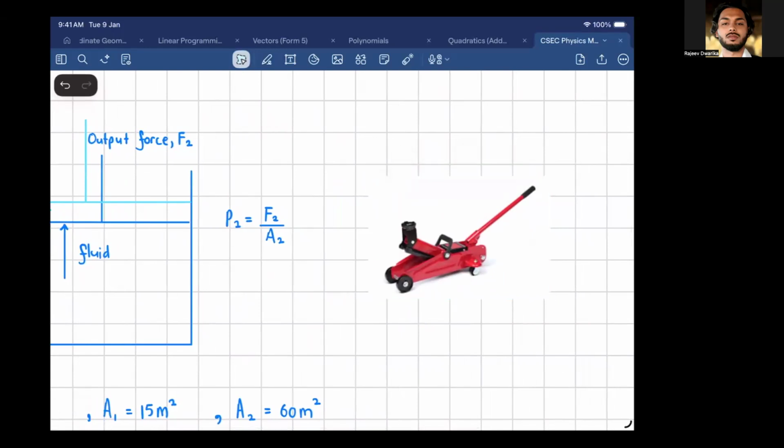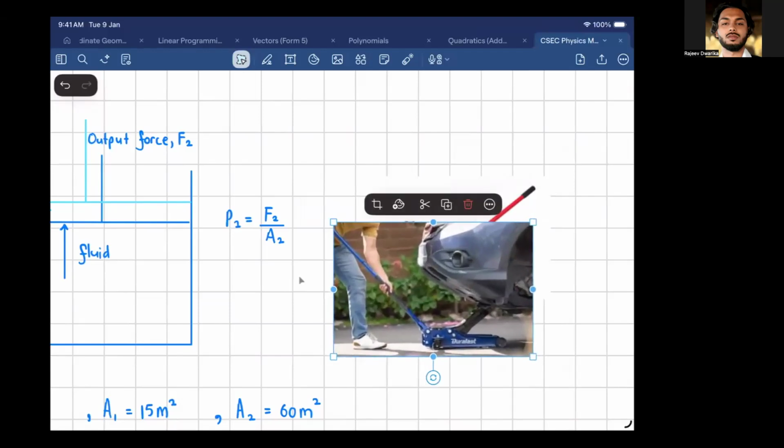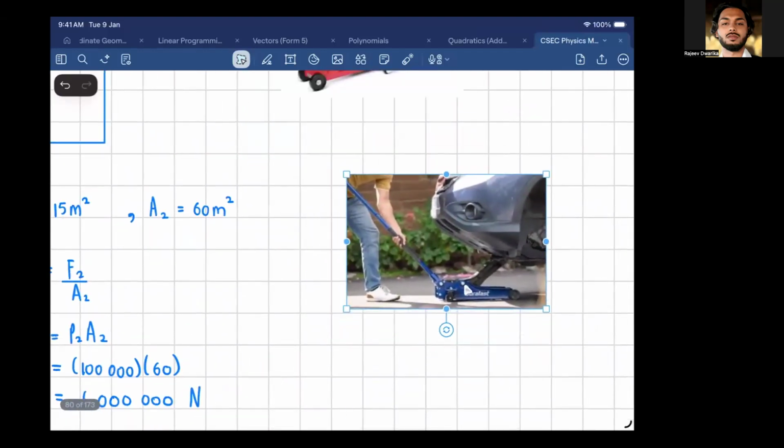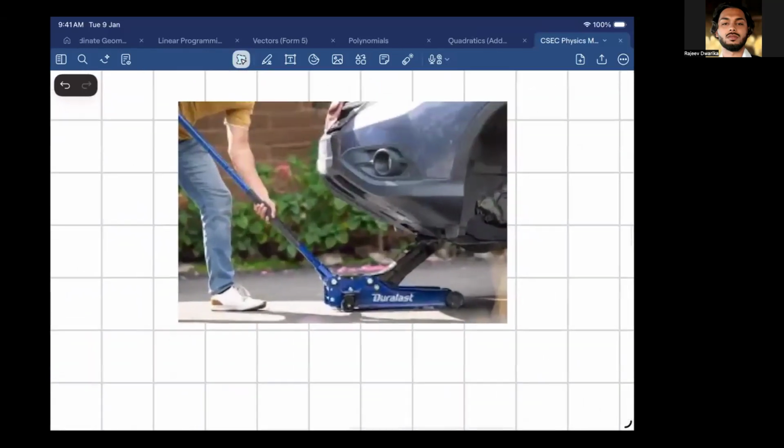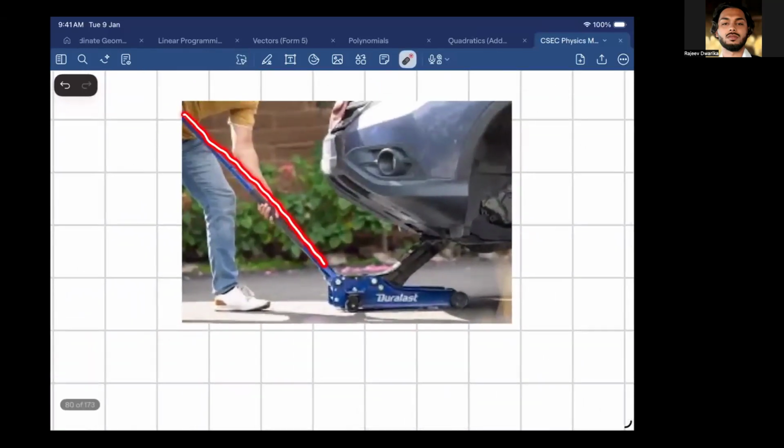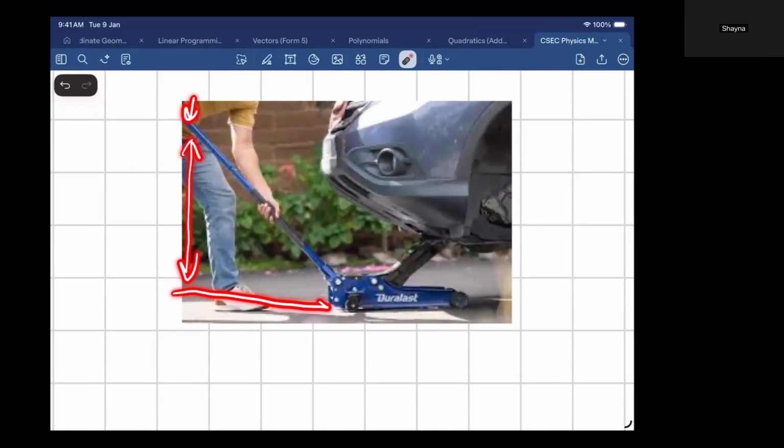Good. Let's look at a use case of it actually being used. Look at this guy, look at what he's doing. Wouldn't he have to push this down all the way here? Yes, he would have to.